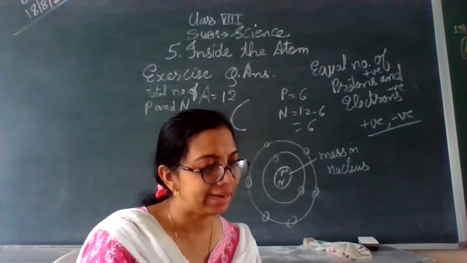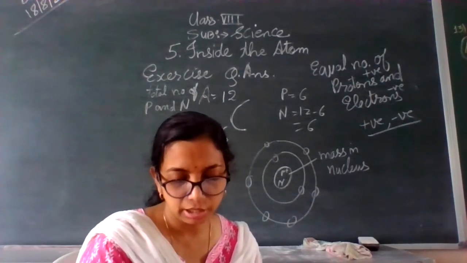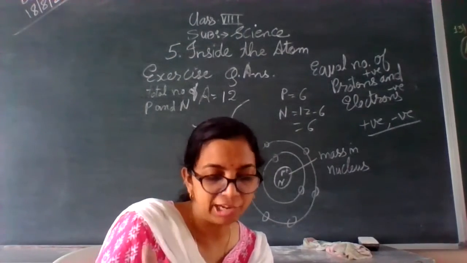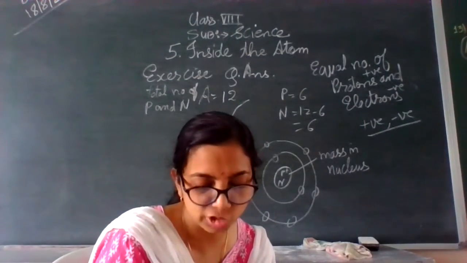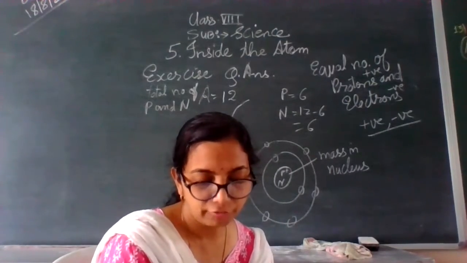And what is a moderator in a nuclear reactor? A moderator is used for reducing the speed of neutrons so that there will be no great explosion that can cause a lot of damage.